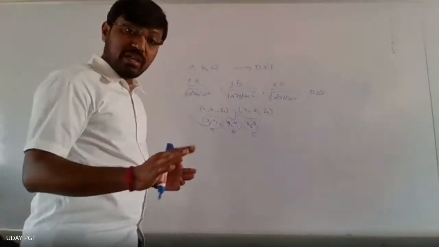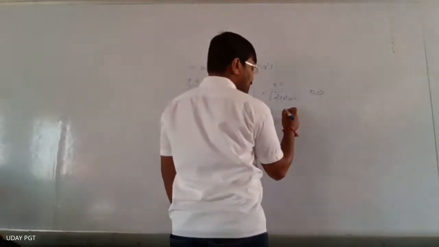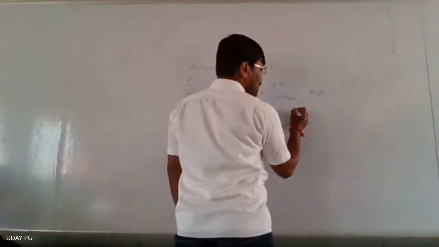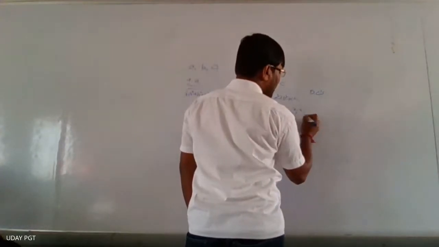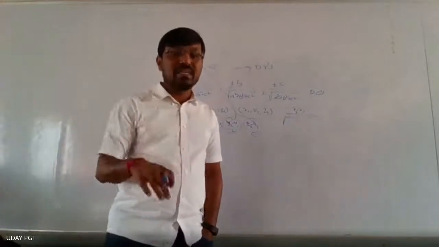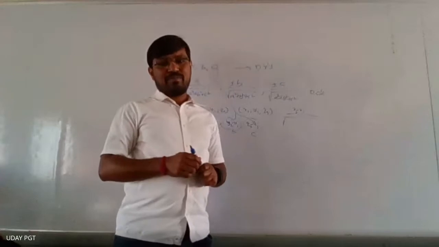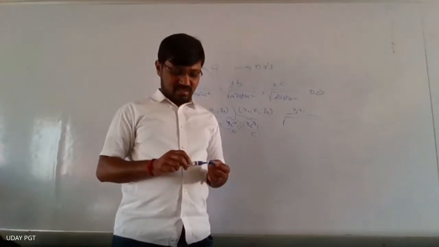So don't try to remember x2 minus x1 by under root of x2 minus x1 whole square plus y2 minus y1 whole square plus z2 minus z1 whole square. It looks like a very complicated one, isn't it?